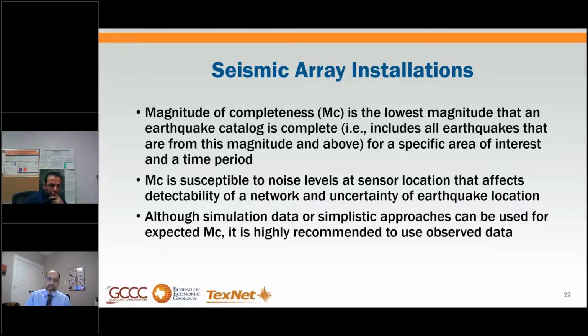Now, something that is important for magnitude of completeness is the noise level. As we have seen in previous CCS monitoring projects, because of the noise level, the magnitude of completeness has been very high, because the recordings on the ground motion systems have been so saturated by noise that small magnitude earthquakes couldn't be recorded or detected.